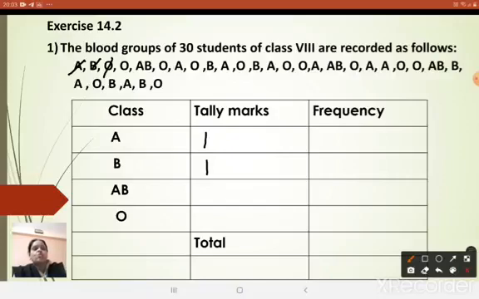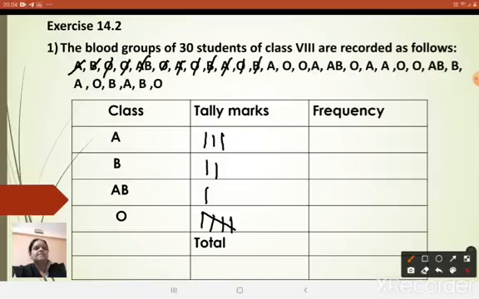Next is O, put the tally mark, O, again O, then AB, then O, then A, again O, then B, then A, then O. Now the fifth one is O. What do we usually do? The fifth one should be a cross line.